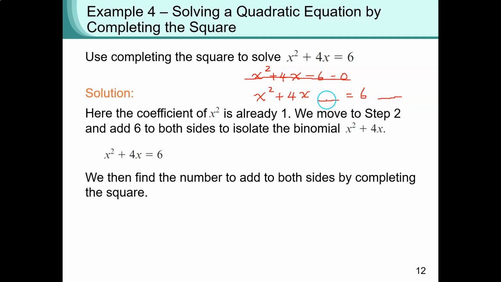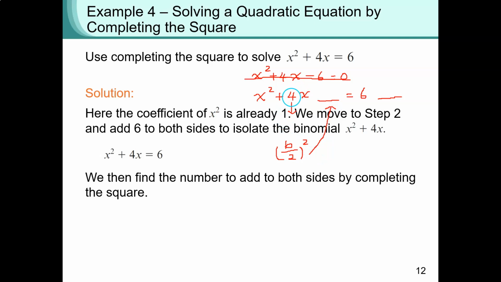Now how can we determine the third term? What is the number we are going to put into it? We need to look at the middle term. So the b, we use b over 2 squared to add as the third term.